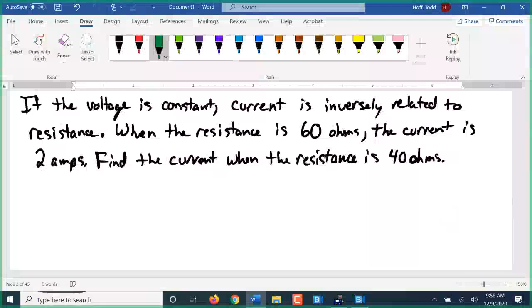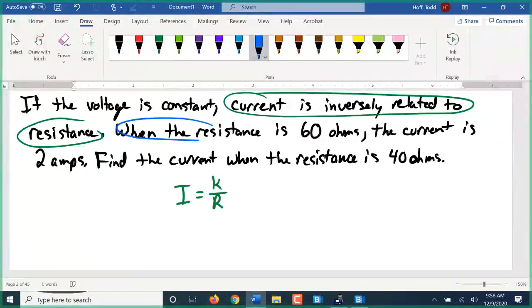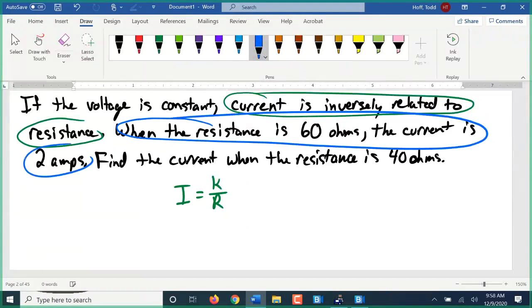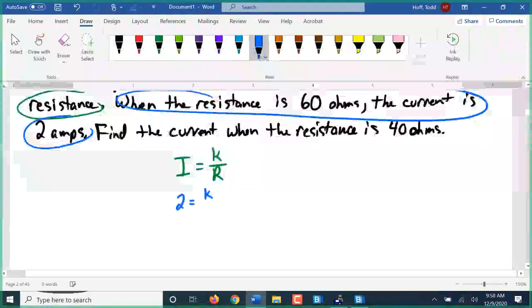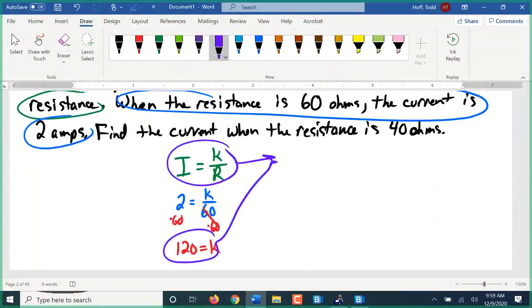So once again, we have a relationship here. Current is inversely related to resistance. So I'm going to use I for current again, equals constant divided by our resistance. But we do have a known condition. When the resistance is 60, the current is 2. So I put 2 in for I for the current, equals K divided by, I put 60 in for the resistance. I'll multiply by 60. 2 times 60 is 120. On the right side, the 60s just cancel out, giving us K. So 120 equals K. So I can clarify this relationship here again by putting that constant in.